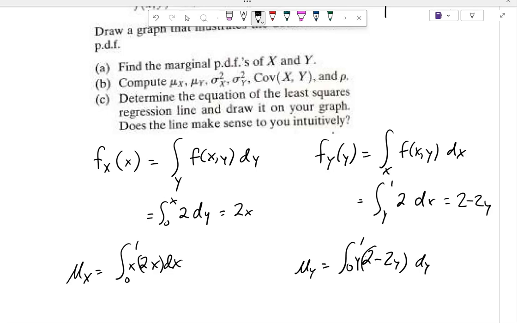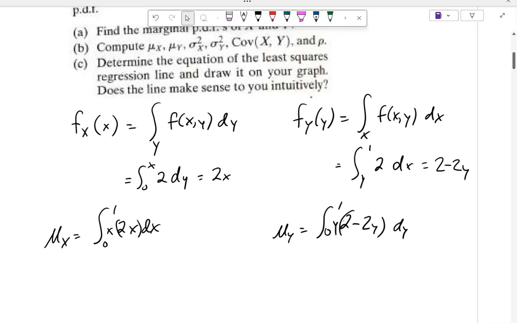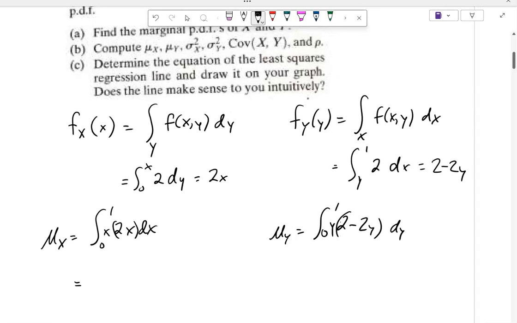I've got to do x times the first one and y times the second one. I need to take my x and multiply it by the PDF, and my y and multiply by the PDF. Sorry, I forgot a term in there. I would have realized at the end when I got both answers being 1 that I did something wrong, because I would have just been integrating the PDF. This is 2x squared. So an antiderivative there is 2/3 x cubed.